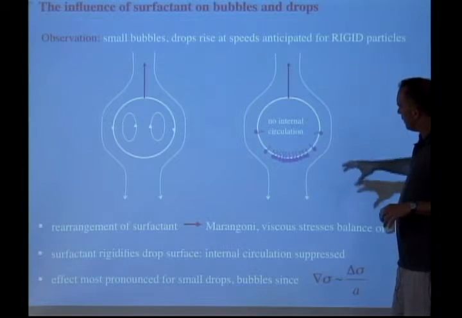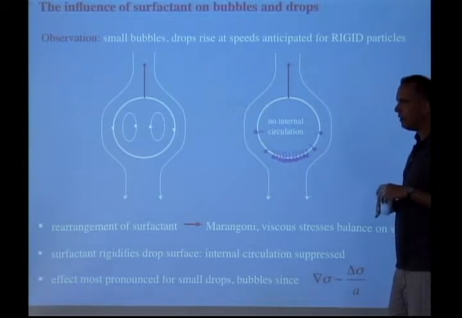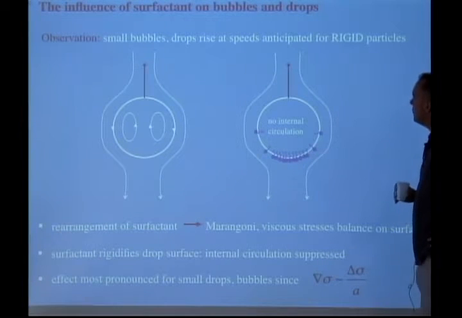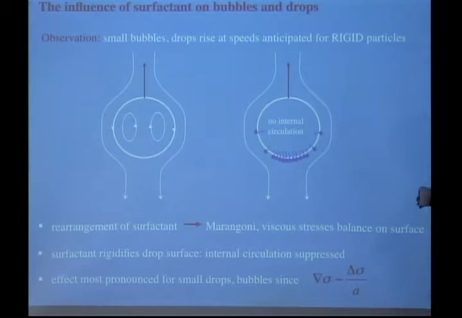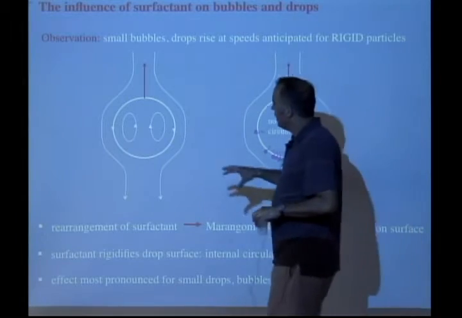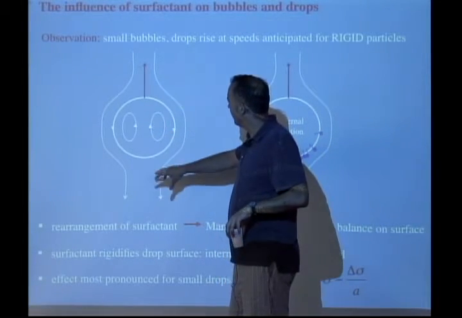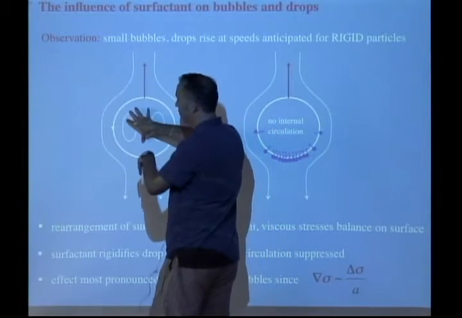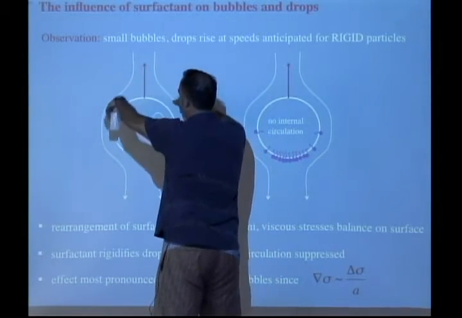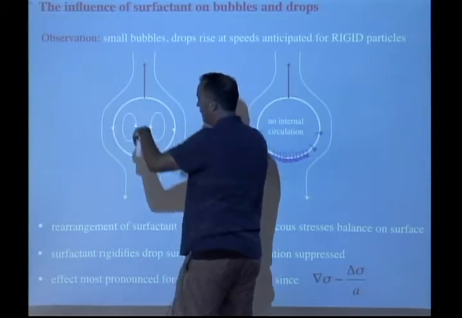It turns out that when drops become very small, they move much more slowly than you would anticipate. For example, if you had a drop moving in another fluid, you expect in the frame of reference of the drop for the flow to look like this. So you have this internal circulation.